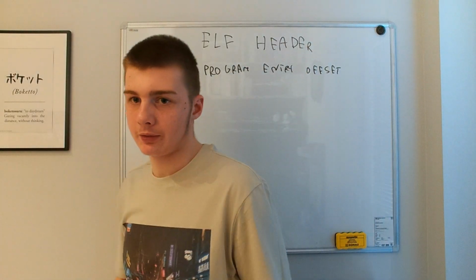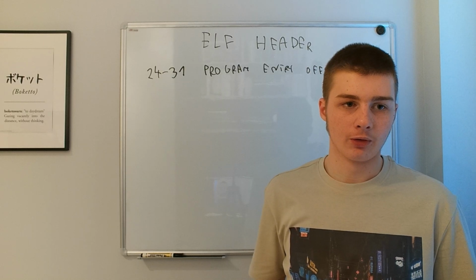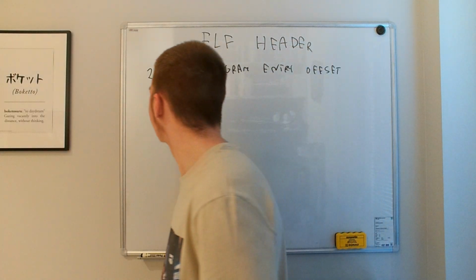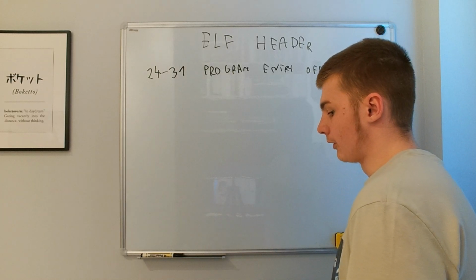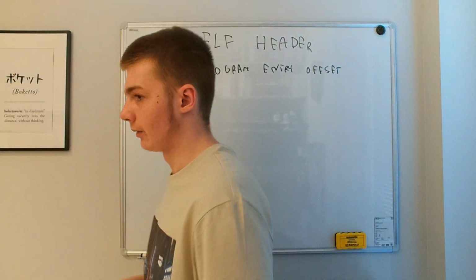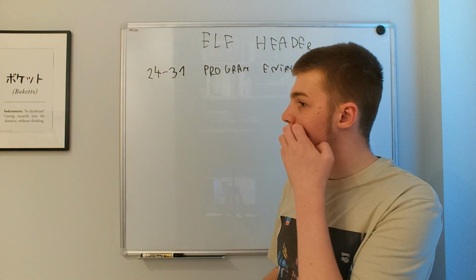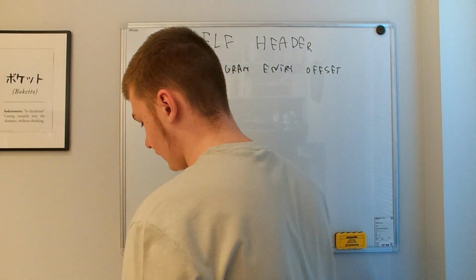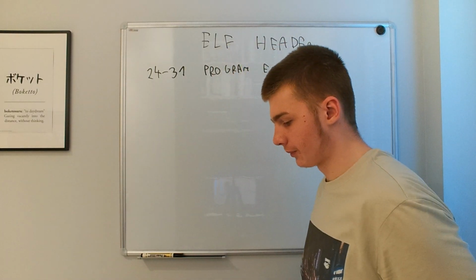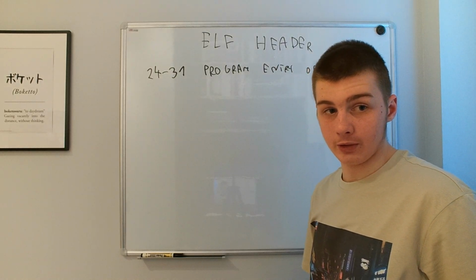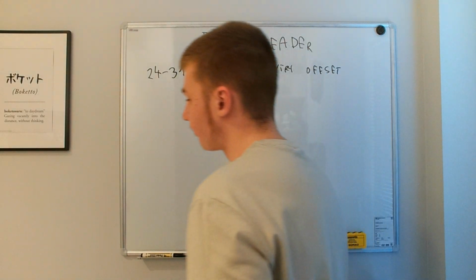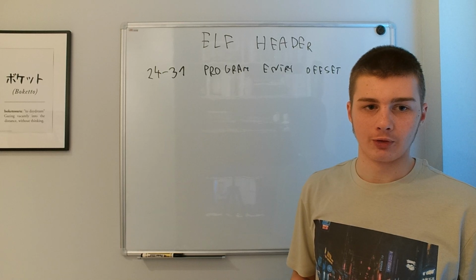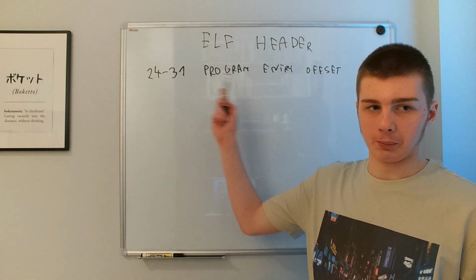So again, we get 8 bytes in order to say what sort of address, right? So we get 8 bytes, so 8 times 8, that's 64 bits. So we get a 64-bit address that tells us where our program entry is. And that is very, very important, because this is the address that we want to begin the execution of our program at.